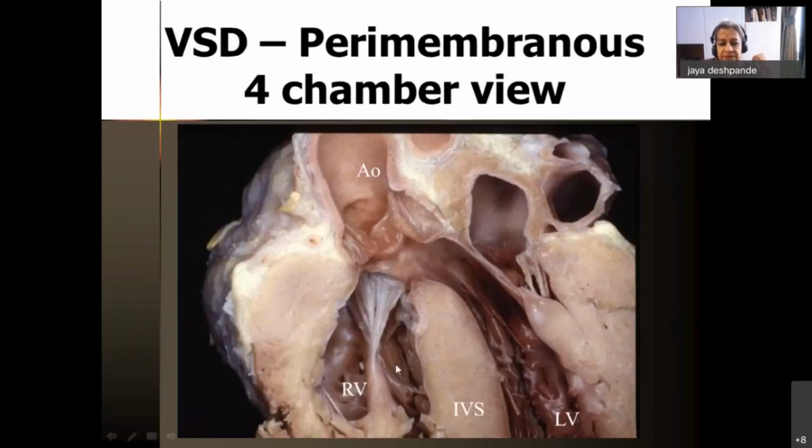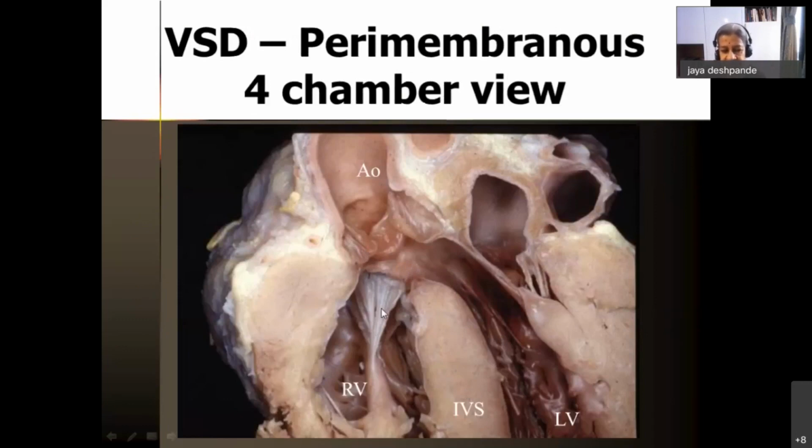So this is the four-chamber view of a perimembranous defect. Muscular interventricular septum, right ventricle, left ventricle, tricuspid valve. So there is very close tricuspid aortic continuity, and here is the perimembranous defect. Why do we call it perimembranous and not simply membranous defects?